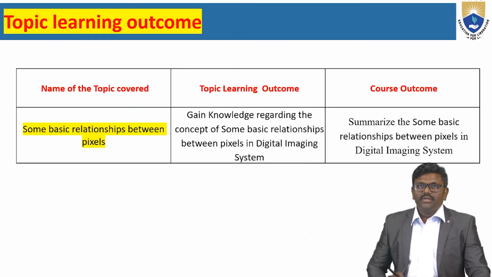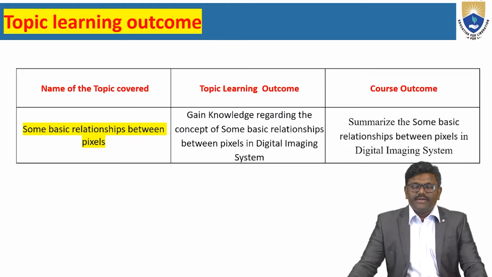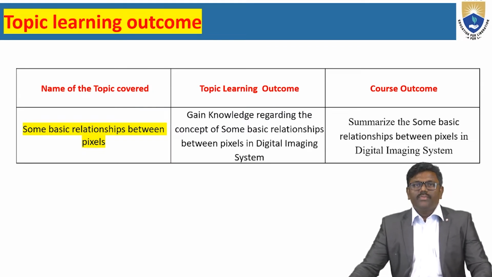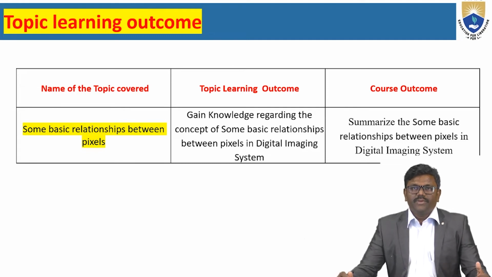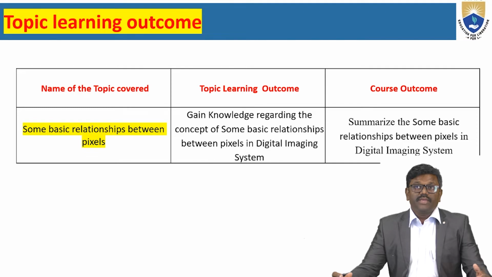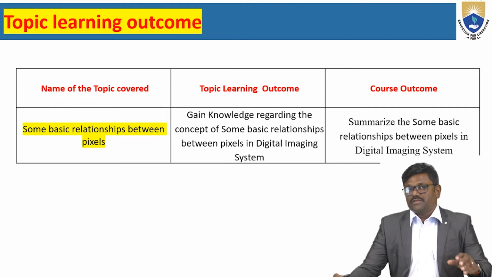Coming to the mapping, that is our topic learning outcome. How are we going to achieve it? The topic we selected is some basic relationships between pixels. The topic learning outcome is to gain knowledge regarding the concept of some basic relationships between pixels, especially in a digital image processing system.